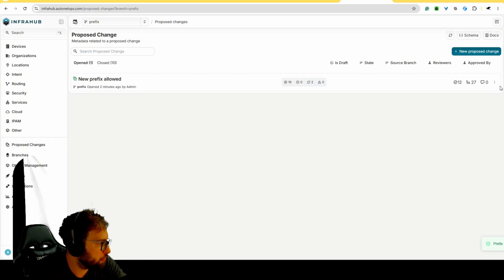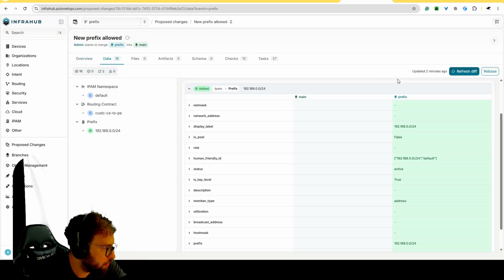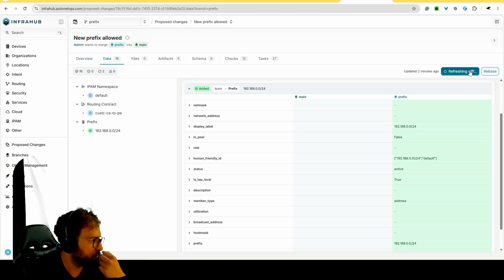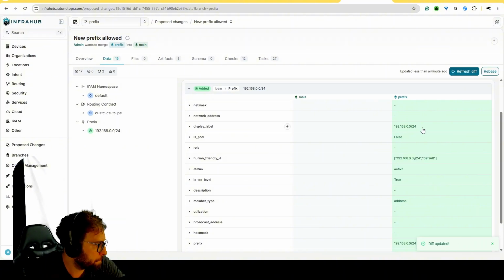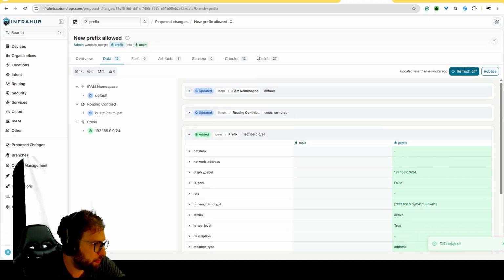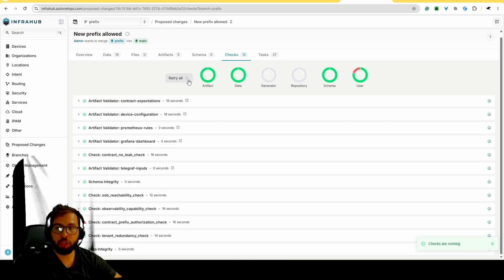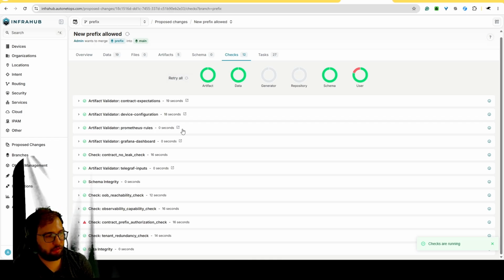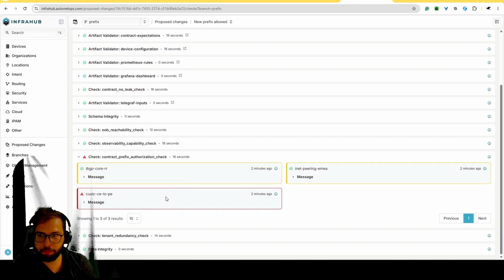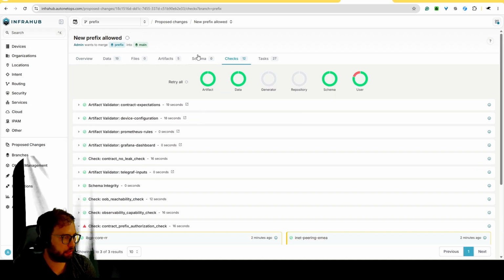So we're going to open here again and ask it to, where is it? Refresh diff. Yeah, this is what we want. Okay, and we have the VRF here. So now it should kick in, retry all the tests, and we should see this test passing, which now had the message of the violation.